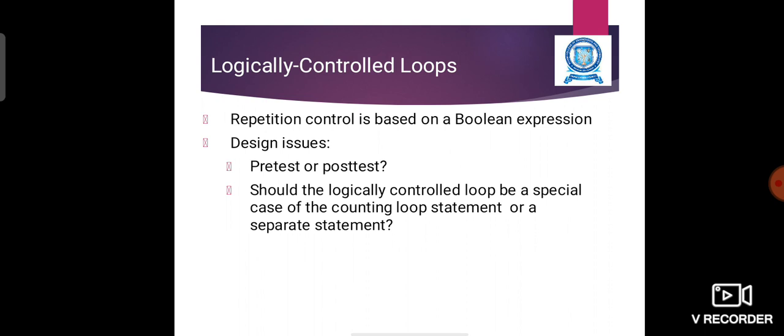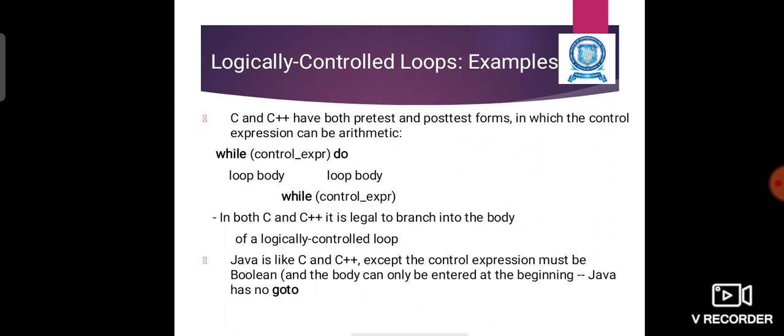Logically controlled loops. Repetition control is based on a Boolean expression. For example, C and C++ have both pre-test and post-test forms in which the control expressions can be arithmetic. Java is like C and C++ except the control expression must be Boolean and the body can only be entered at the beginning.